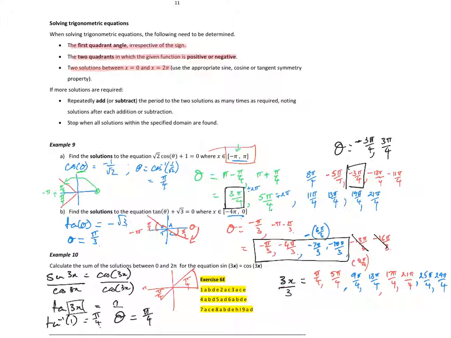So if I divide by 3, it means my denominator increases. So I get pi on 12, 5 pi on 12, 9 pi on 12, which I could simplify, 13 pi on 12, 17 pi on 12, 21 pi on 12.